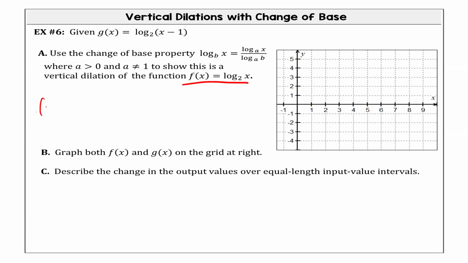I can rewrite this as f of x equals log of x divided by log of 2, a big 2, not a little 2. When you have a fraction, I can write this as 1 over log base 2 times log of x.